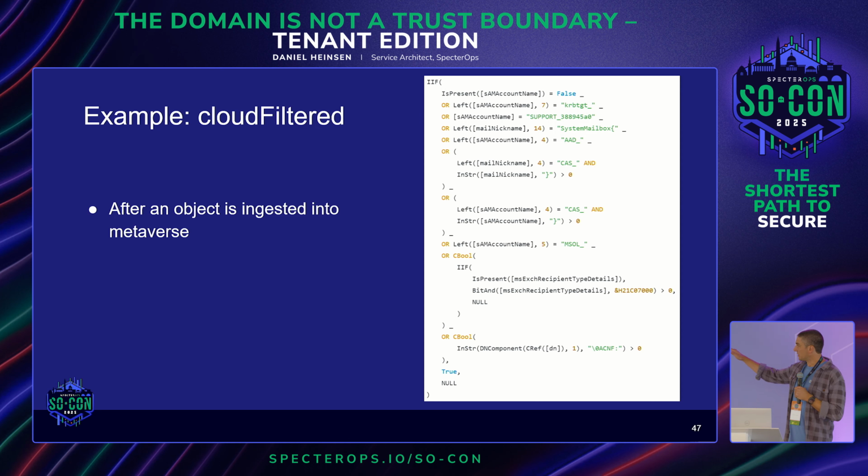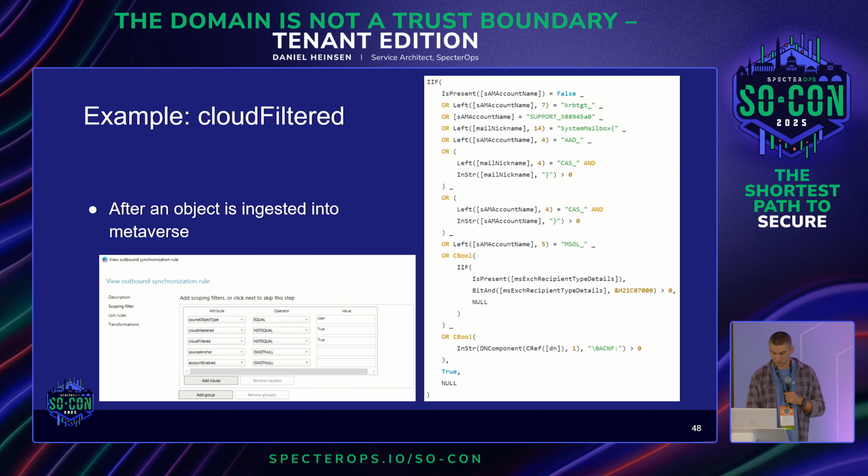And what this VBA says is, all right, here's my long list. If your username starts with KRBTGT, if your username starts with support, and so on and so forth, if any of these evaluations are true, you are going to exist in the metaverse, but I will never provision you into Entra, right? So you're just going to sit there and do nothing.